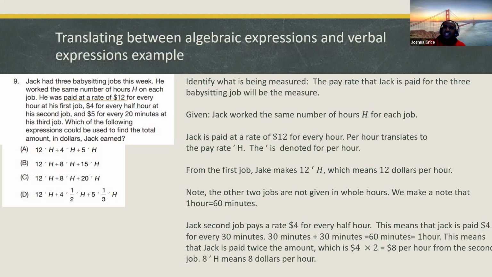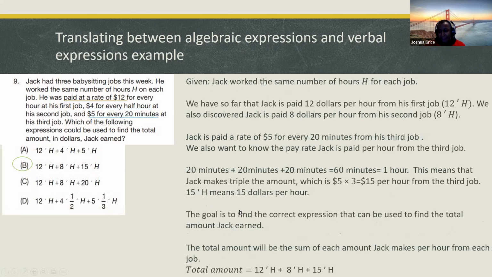So I just keep adding the number 30 until I get to 60. 30 minutes plus 30 minutes equals 60 minutes. So this means Jake is going to make twice the amount he's paid at the moment for that given hour. This is how we come up with $4 times 2. So he's actually making $8 per hour from his second job, and we use the little notation 8'H to denote that.